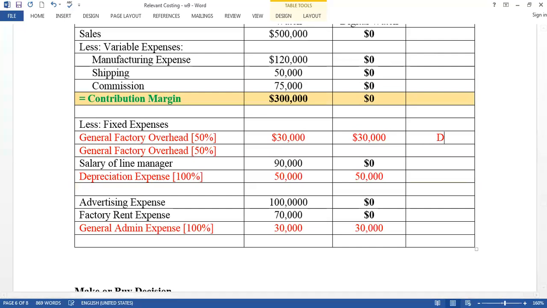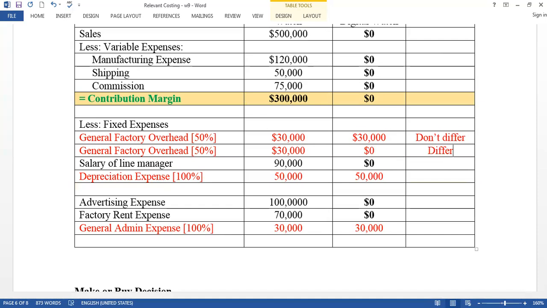$30,000 don't differ, right? And another $30,000 is like this. Differ.